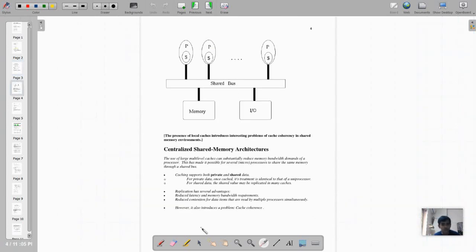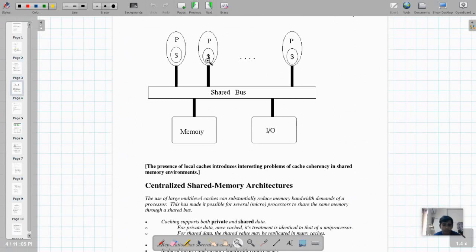Now, just have a look at the diagram for the symmetric multiprocessor system. In a symmetric multiprocessor system, what happens? You can see that there are a number of processors indicated with P in this diagram. Then you have a shared bus or interconnection network. Then you have a single piece of global memory space. Then you have input-output peripherals.